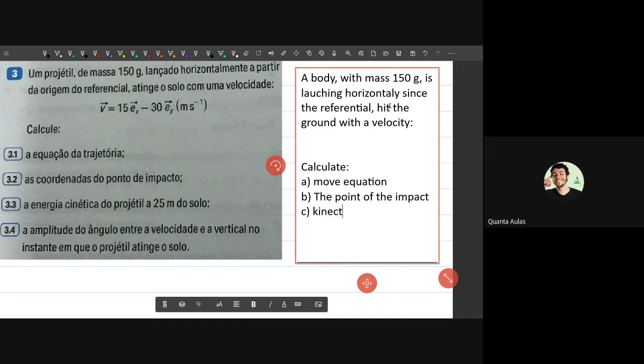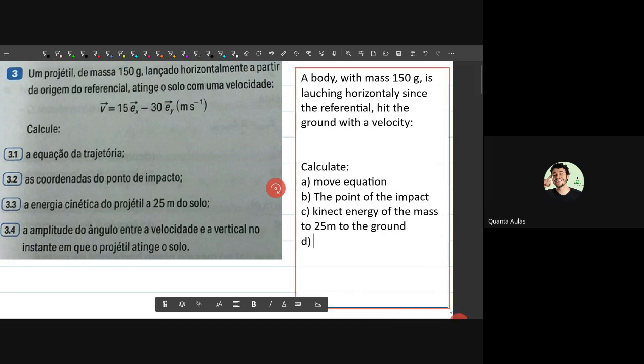Connect energy of the mass to 25 meters to the ground, and the range of the angle between the velocity and the vertical in the instant the body hits the ground.